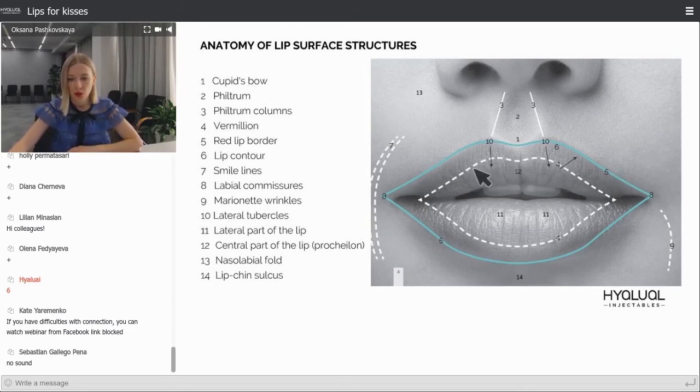And also what we see here is the contour, and look, the lower lip has the same, the 2 tubercles and the vermilion border.